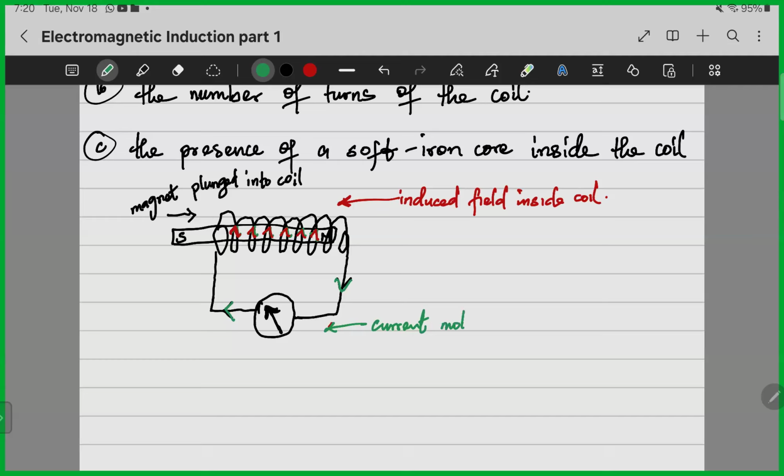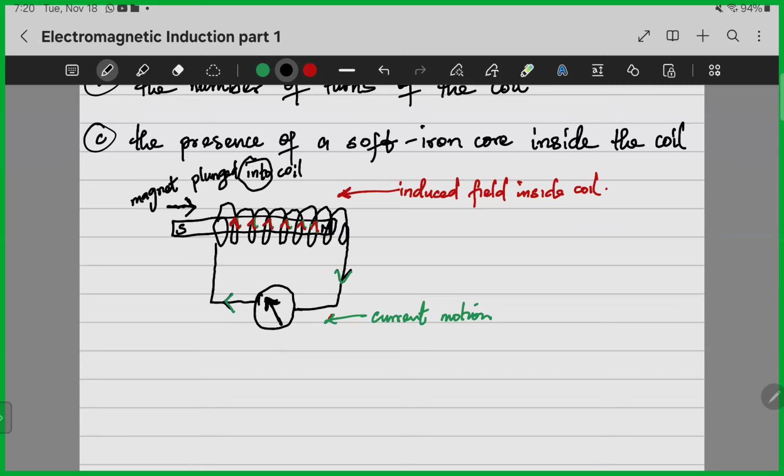Then this particular one, black, is the motion of the magnet. We're moving it inwards, so the magnet is plunged into the coil. So this is one case.